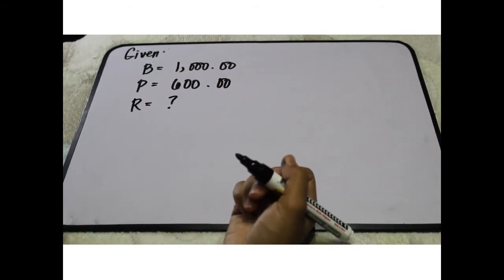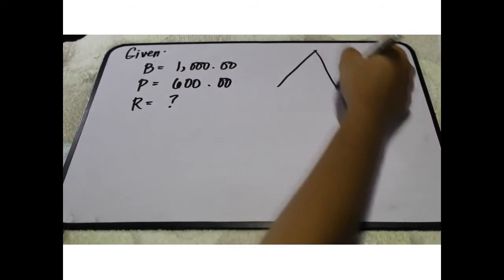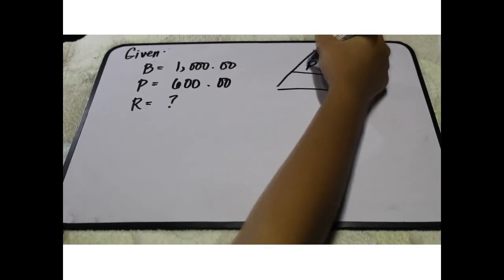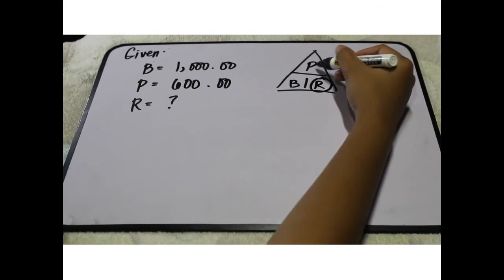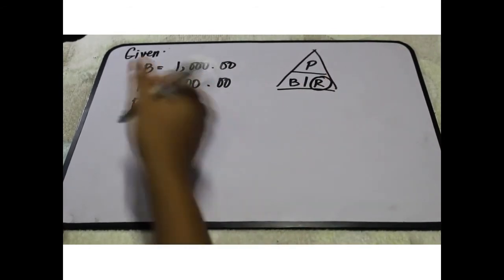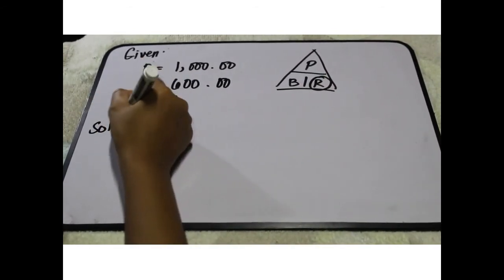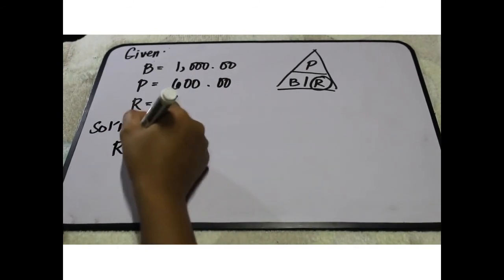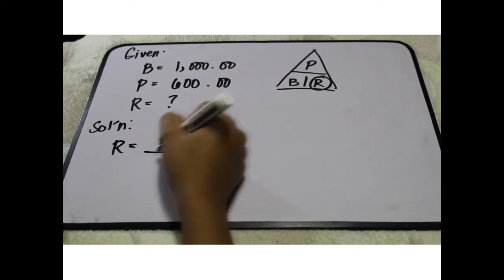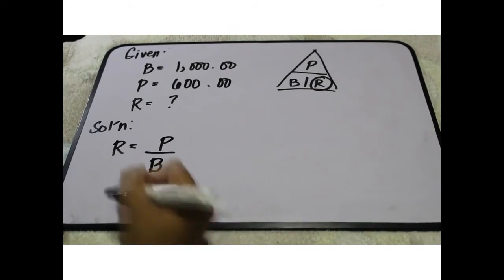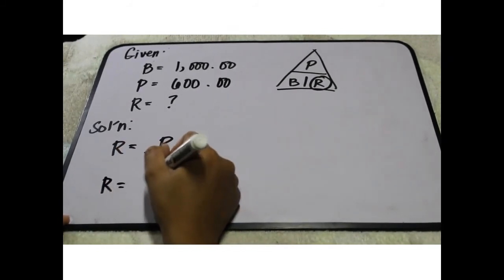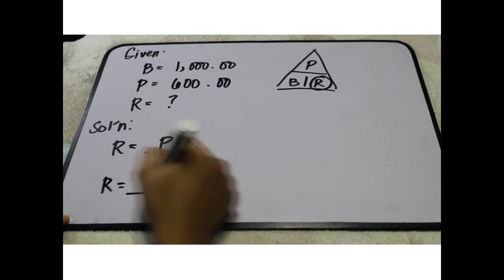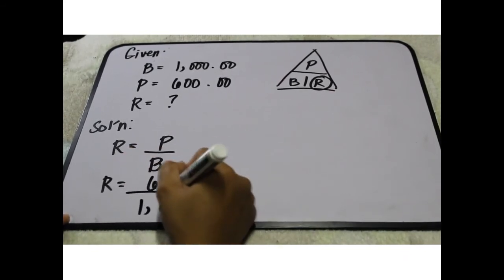Okay, so to get that one, using our triangle formula, we have percentage, base, and the rate. To get the rate, we need to divide percentage by the base. So for our solution, we will have rate is equal to P over B. Substituting in our formula, R is equal to P, which is 600, divided by 1,000.